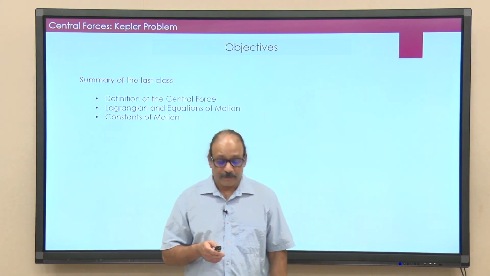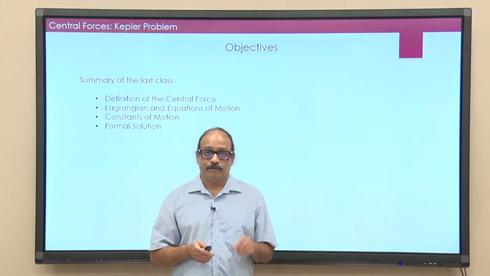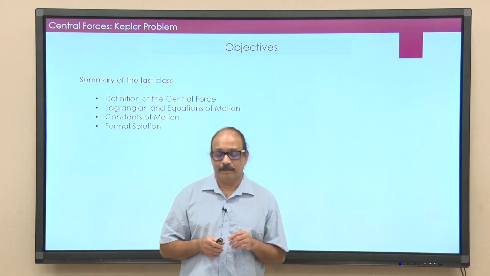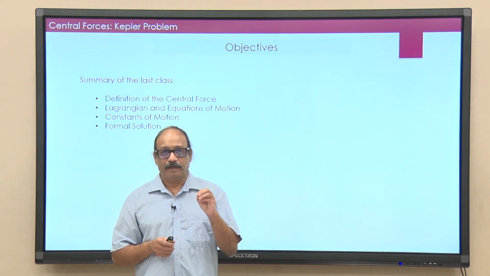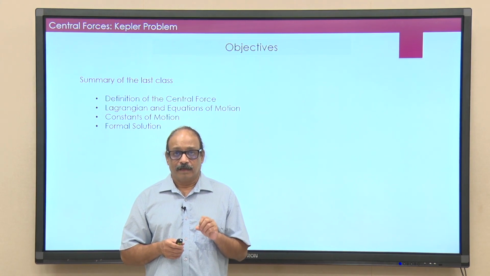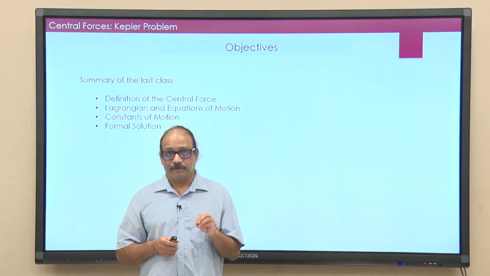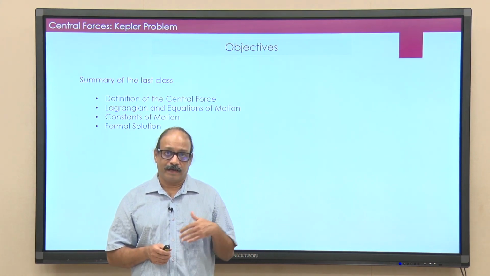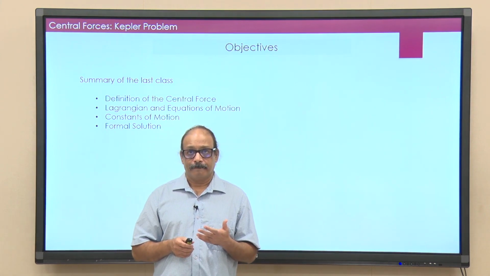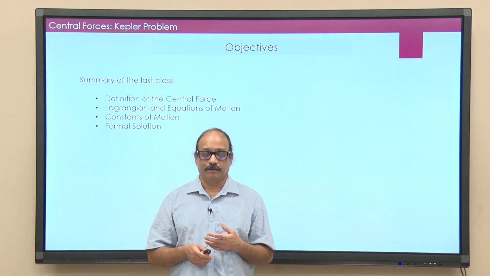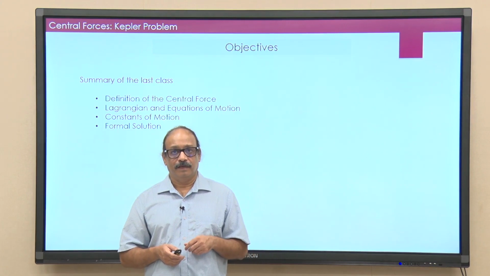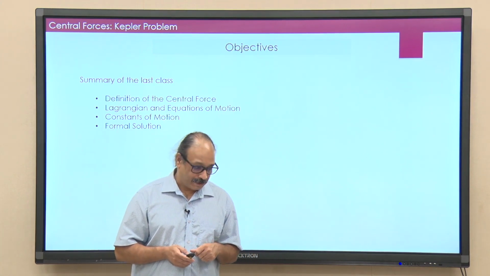And then I wrote down what is called a formal solution. That means I can formally write it in an integral form, the r of t and theta of t, and in principle if I can perform that integral, then I have a complete solution, which is r as a function of t and theta as a function of time t.